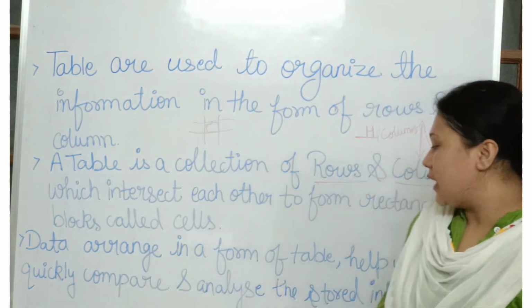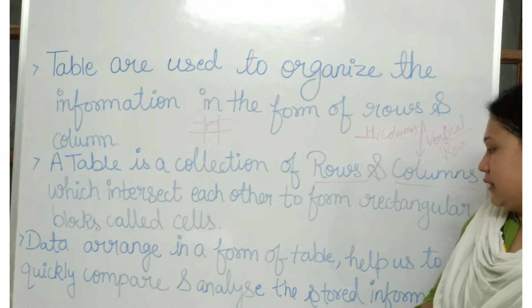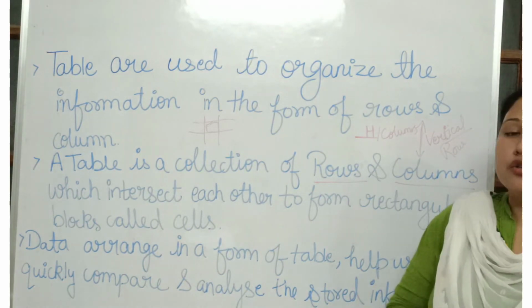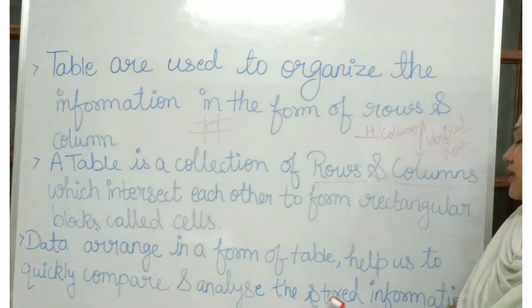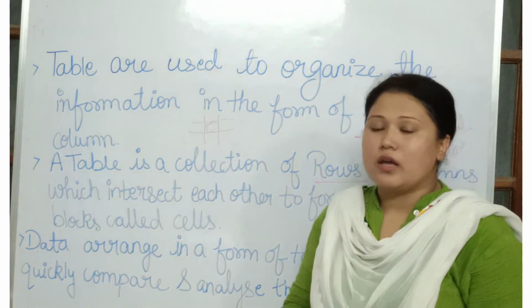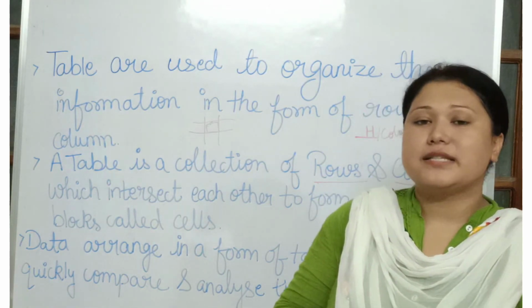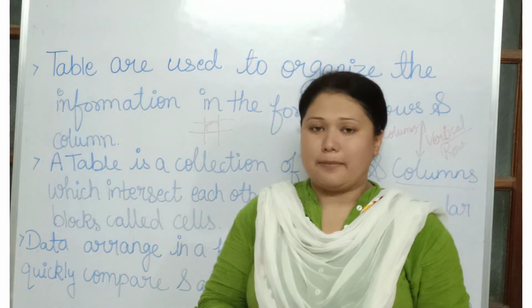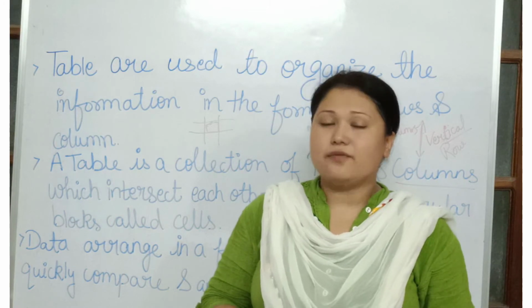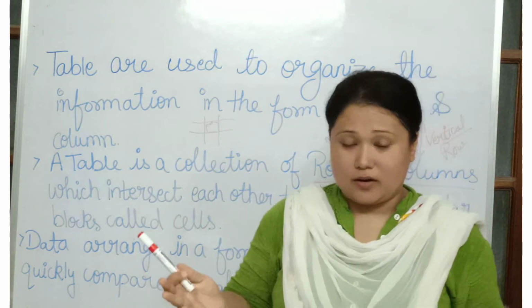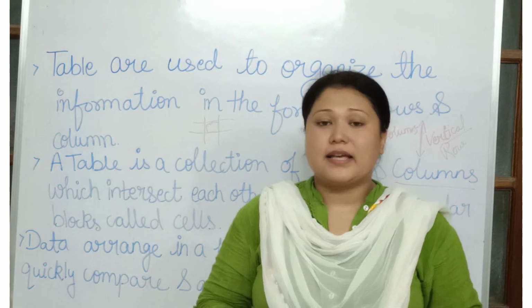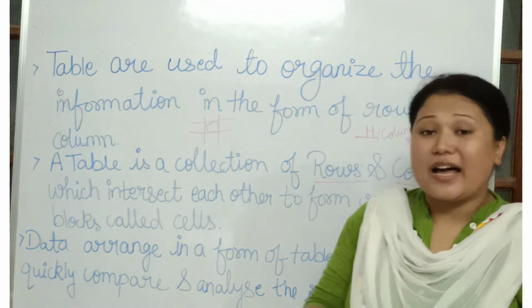Data arranged in the form of a table helps us to quickly compare and analyze the stored information. Suppose you have saved information in MS Word in a table format, so you can easily compare, analyze and quickly retrieve it.